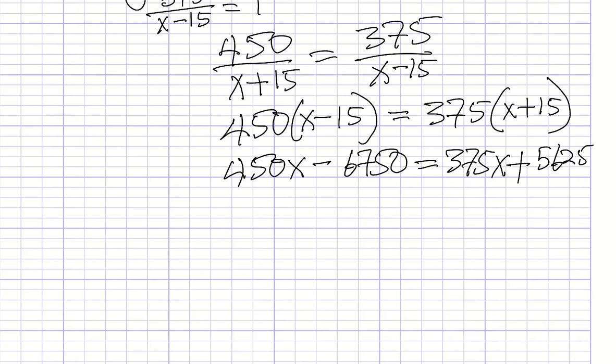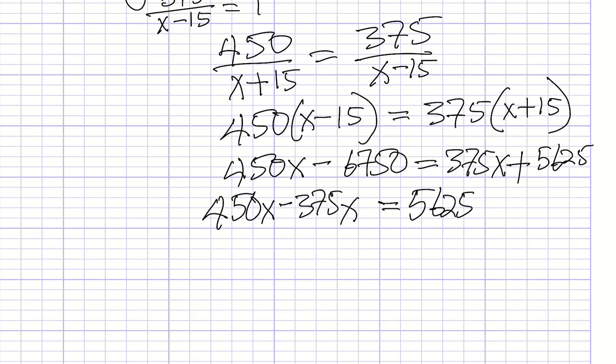So you have to move things around. So you say 450x minus 375x is equal to 5625 plus 675. That's all. You add all this to simplify that expression. What do you get?